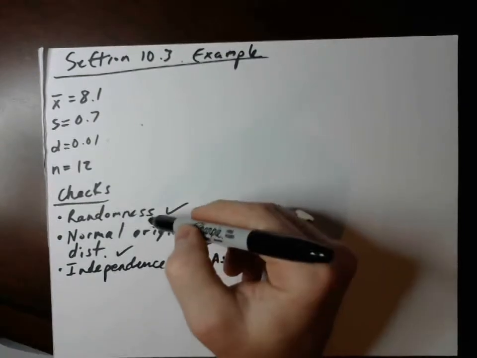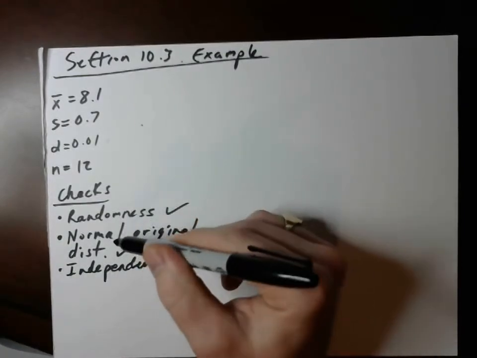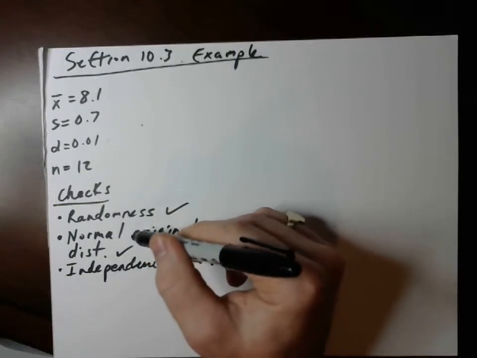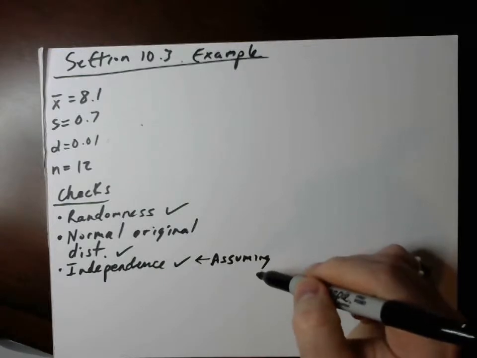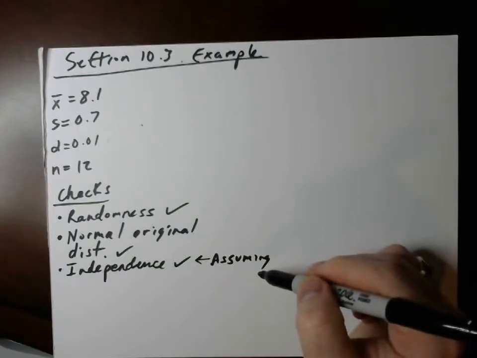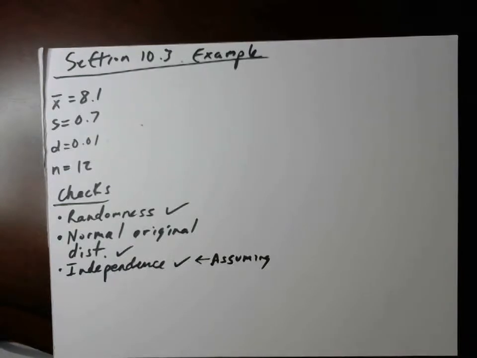This is given to us. They say that it's randomly selected, and we know it is normally distributed. So we don't have to assume these. We know that they're true, but we have to assume independence. And this is a pretty reasonable assumption, because independence is almost always obtained; it never really fails.